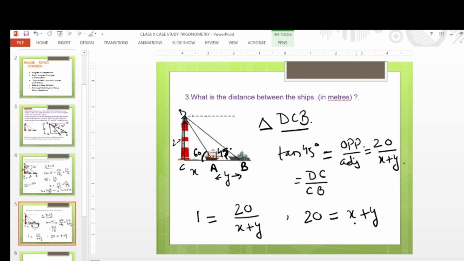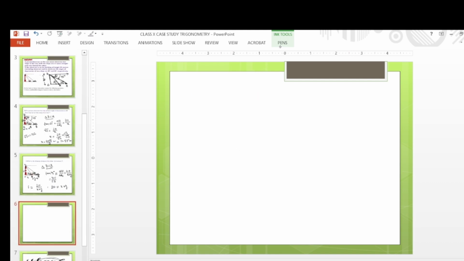Now x we cannot solve because there are two unknowns, but x we have already calculated. So x was 20 root 3 upon 3. We got this. Or you can take 11.55 if you calculate.